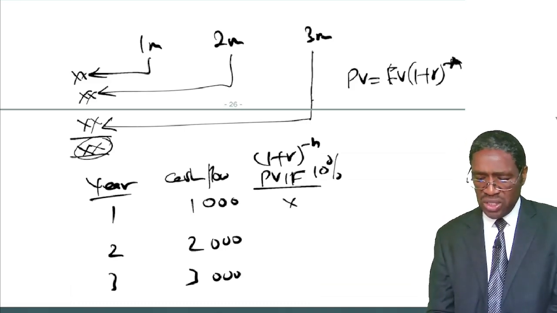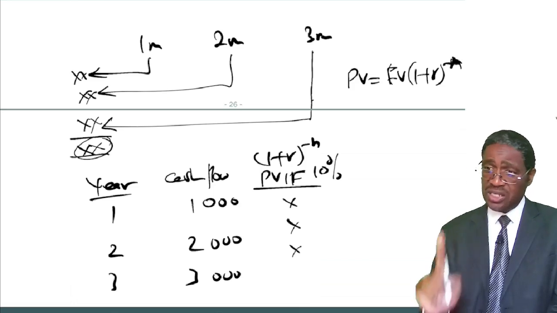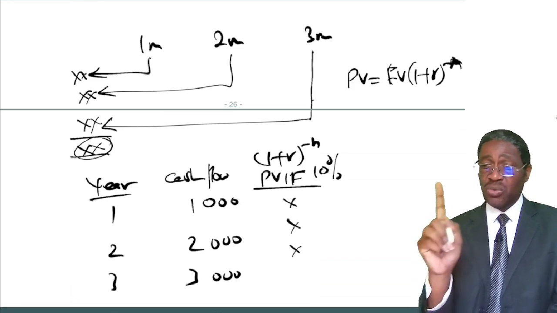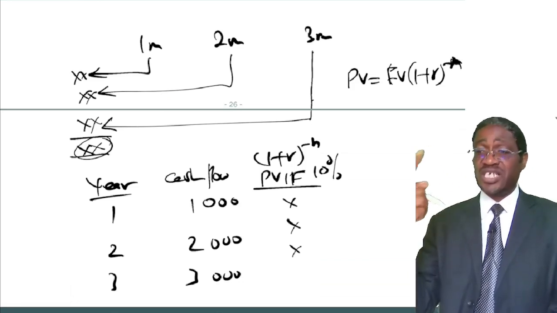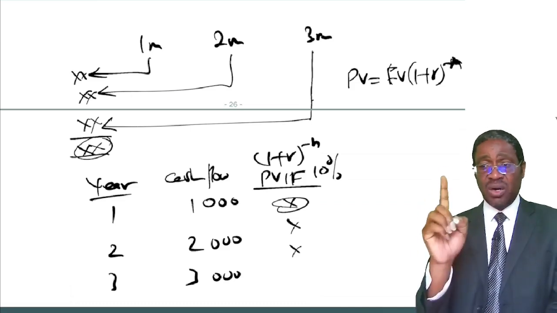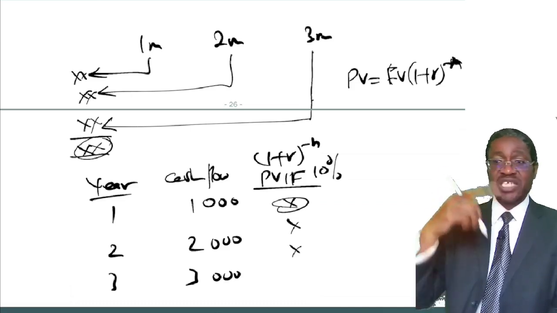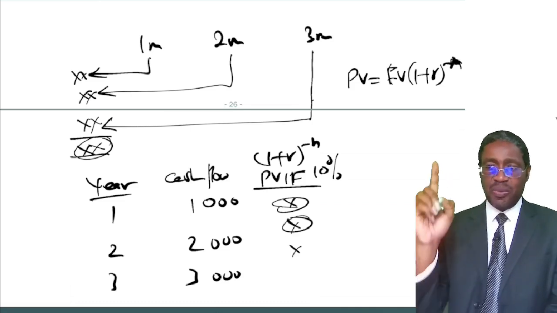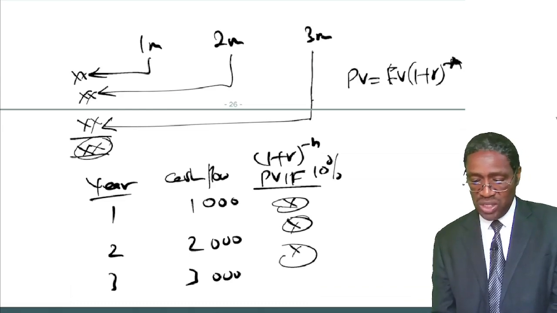Once you get those discounting factors, that is 1 plus 10%, which will be 1.1 to the power of -1, that will give you the first factor. Then the second year, 1.1 to the power of -2, gives the second factor. 1.1 to the power of -3 gives the third factor.